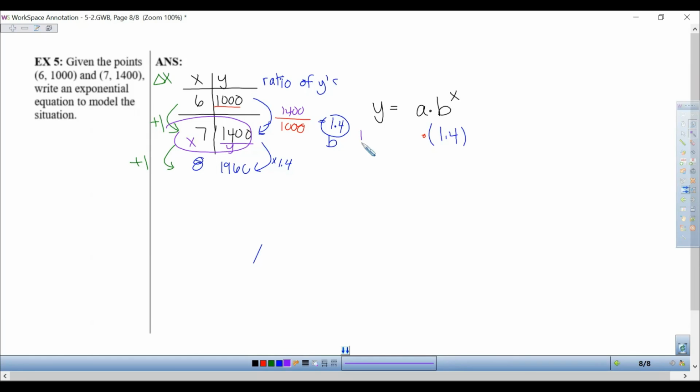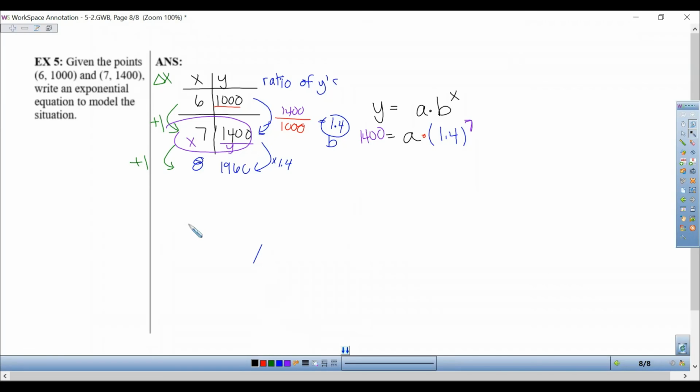I'm going to plug them in. So I've got 1400 equals a times 1.4 raised to the 7th power. Okay, so I'm using my point x, y, and my b to figure out a.